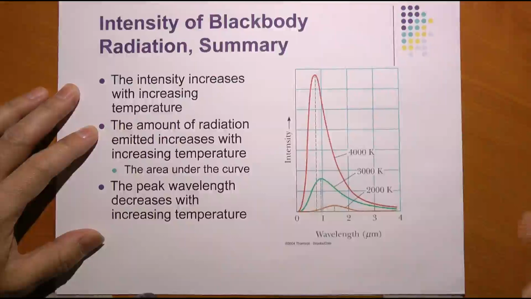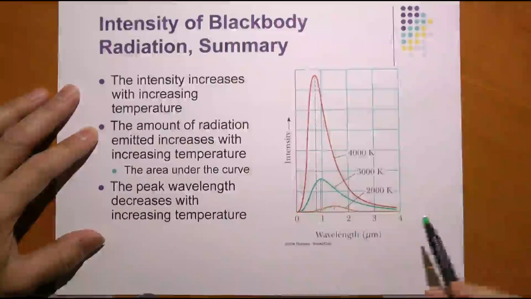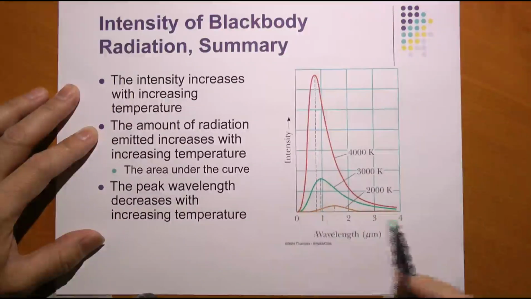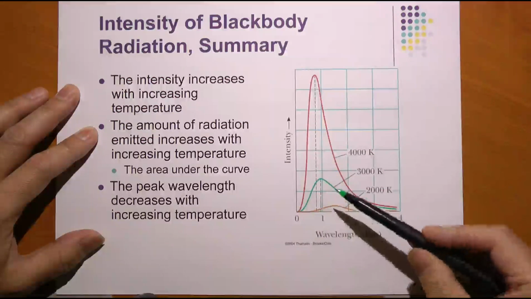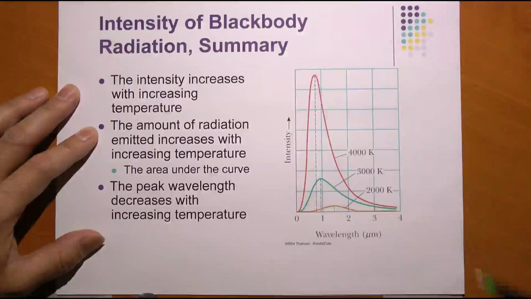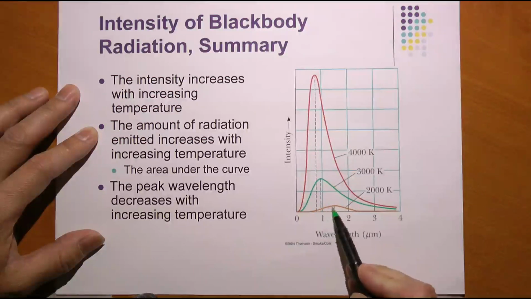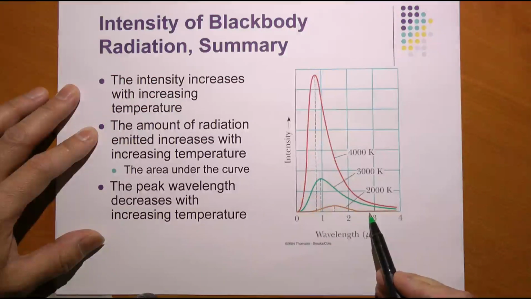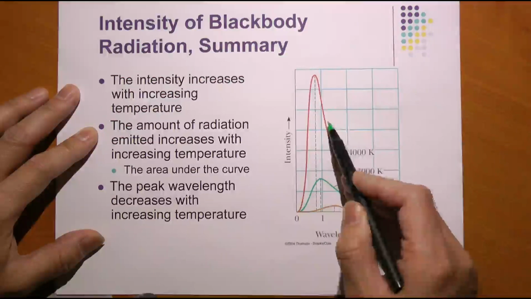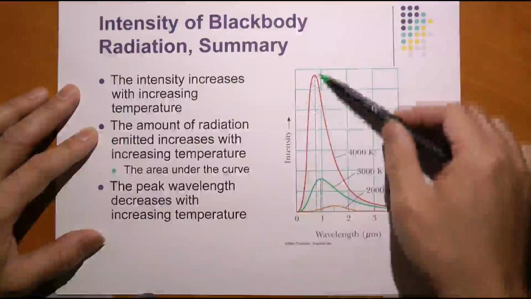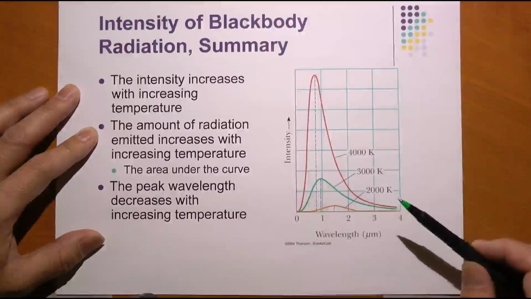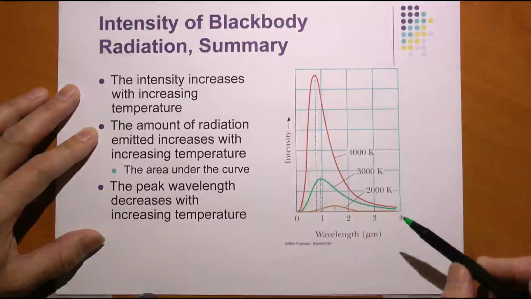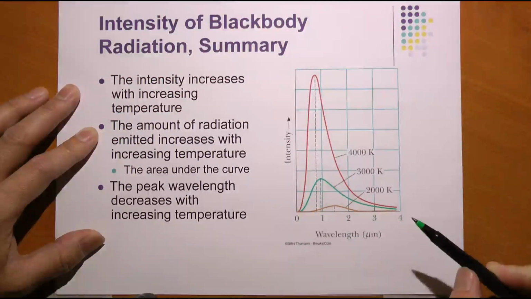I have here some better drawing: intensity I as a function of wavelength. We have different colors representing the black body radiation at different temperatures. See here, the temperature is 2000 Kelvin, and it goes to 3000, goes to 4000 Kelvin. As a result, the total area under the curve increases, because the total amount of radiation goes like temperature to the power 4.